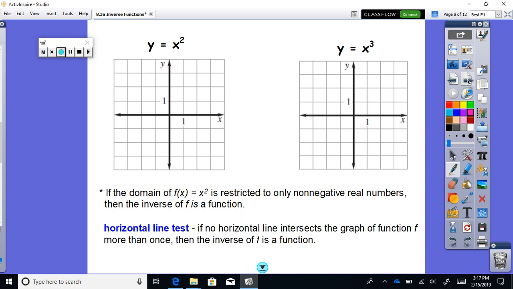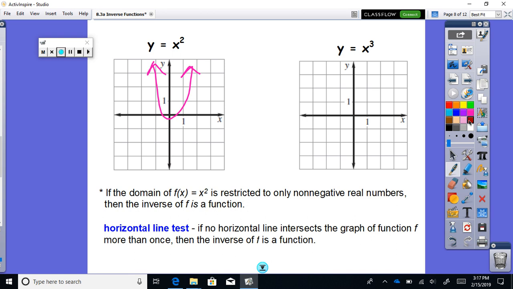I'll show you later. Remember the vertical line test? We could tell if it was a function or not. Well, y equals x squared is a function because it passes the vertical line test. Well, for the inverse of the function, you can tell if it's a function with the horizontal line.